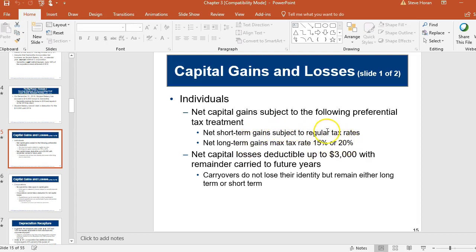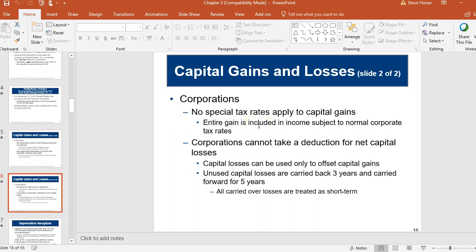The short-term gains are just subject to the regular tax rates. Whatever your tax bracket is, the short-term gains fit into that. But your long-term gains are taxed at either 15 or 20%, depending on what your income is. And net capital losses are deductible up to $3,000, and the remainder can be carried over as long as you want. Carryovers do not lose their identity but remain either long-term or short-term.